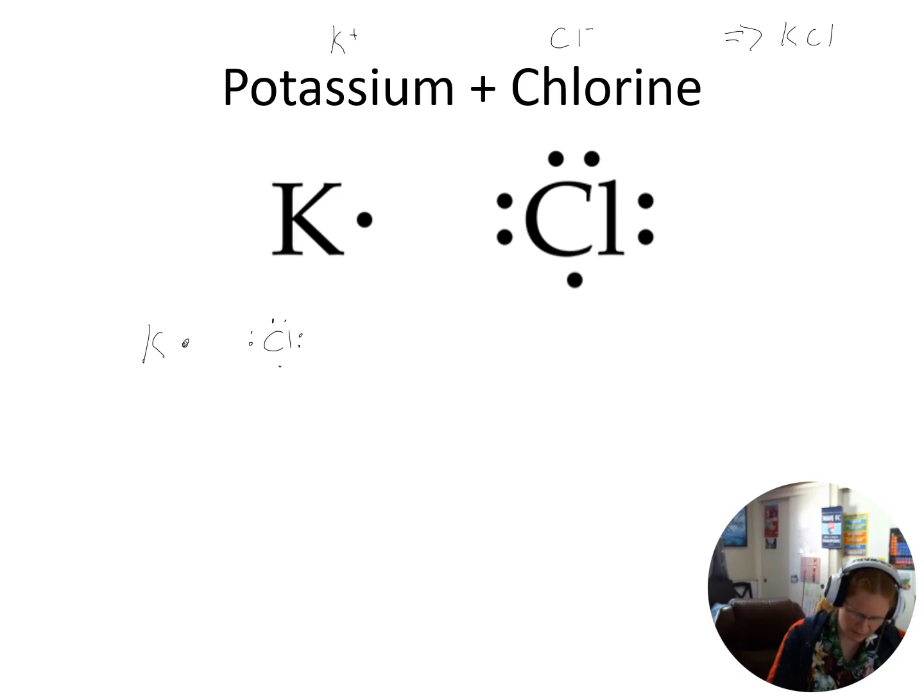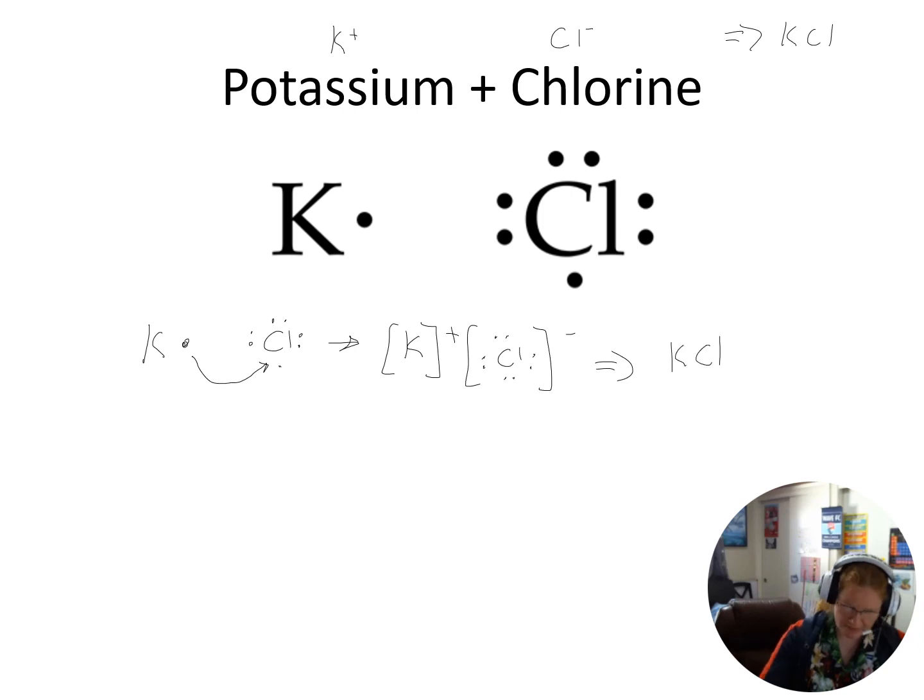So this electron from the potassium is going to get transferred over to the chlorine, and we're going to get something that looks like this. Okay. All right, so they each have their octet, and then we finally get our formula KCl there.